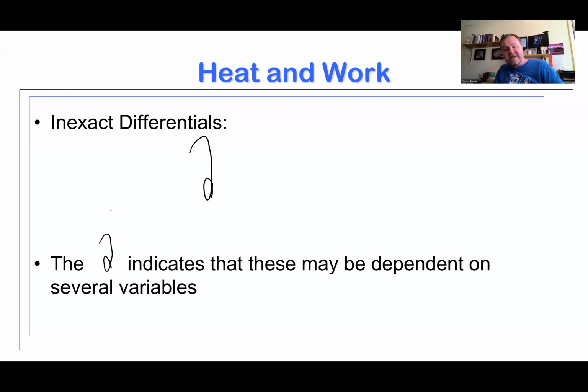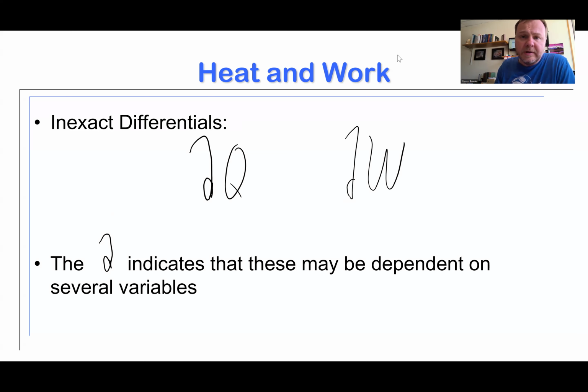Sometimes we'll refer to it as del. It's technically a D, just not an exact differential. So you might see del Q or del W from time to time. We're still referring to a differential. And I know not everybody's had a calculus course where maybe you've talked about this.